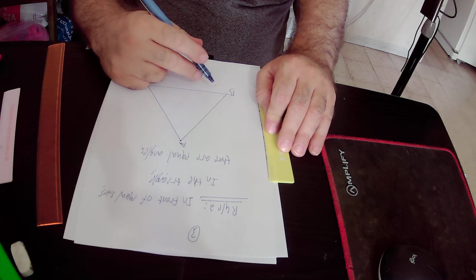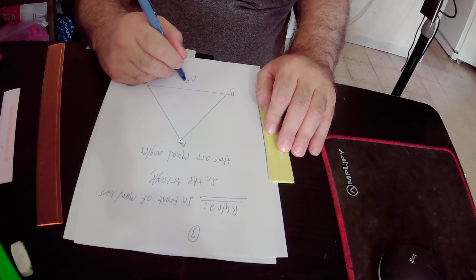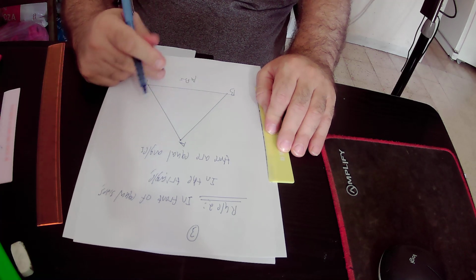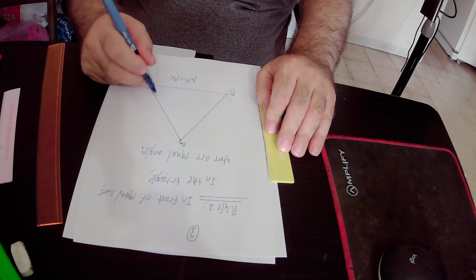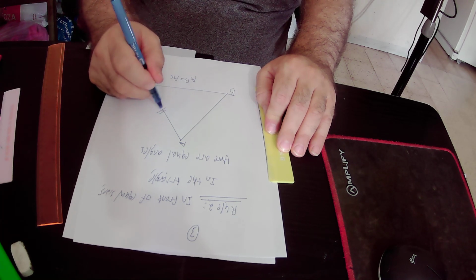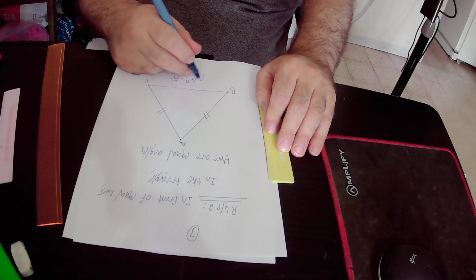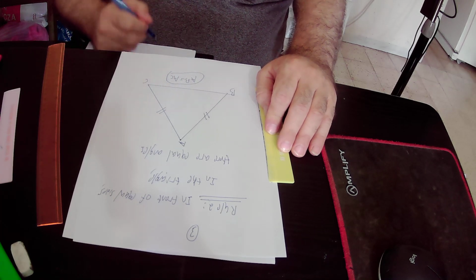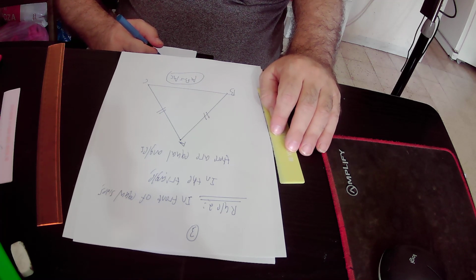We know that side AB of triangle ABC equals side AC of triangle ABC. So those two sides are equal to each other, and according to rule number 2, in front of equal sides there are equal angles.